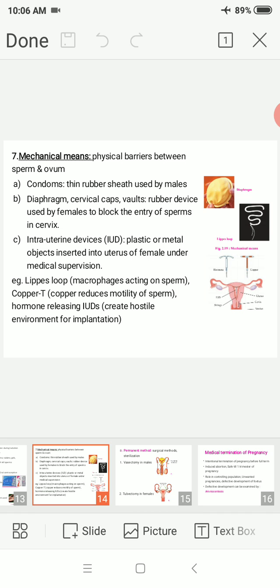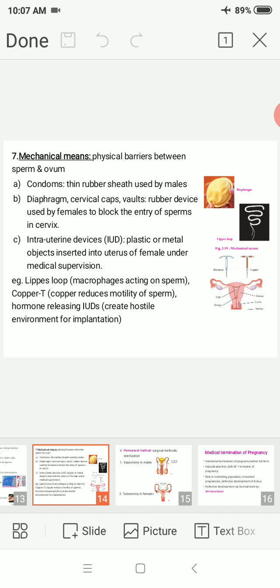The device is inserted into the female reproductive tract to cover the cervix during copulation. So these coverings that close the cervix are called the diaphragm, cervical cap, and vaults.